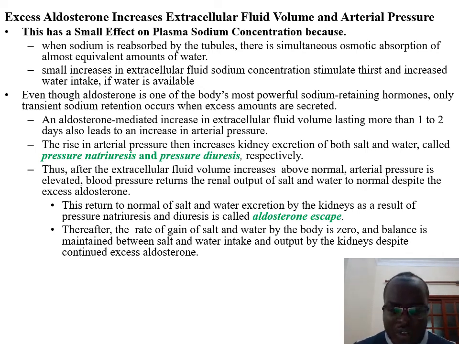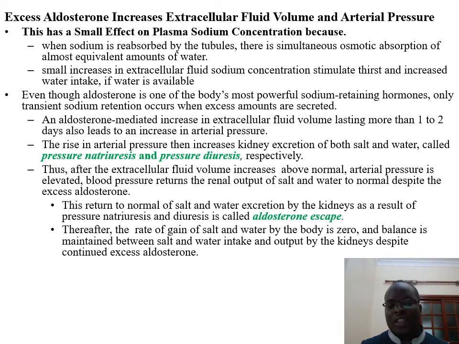Therefore, the rate of gain of salt and water by the body is 0, and balance is maintained between salt and water intake and output by the kidney despite continued excess of aldosterone. So this is called aldosterone escape. Aldosterone escape is the natriuresis that takes place because you are filtering a lot of sodium and you are also filtering a lot of water.